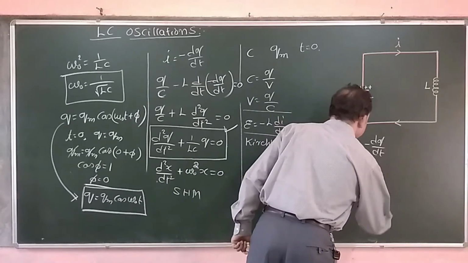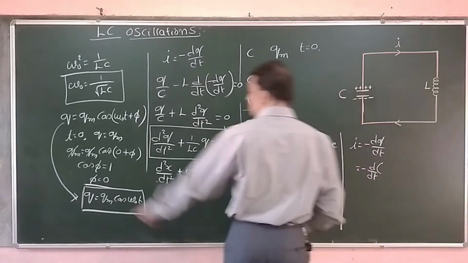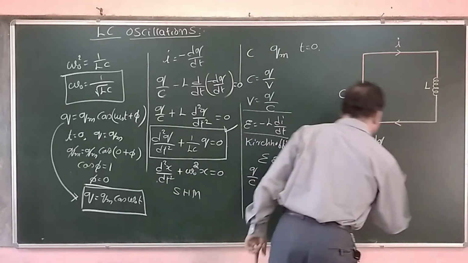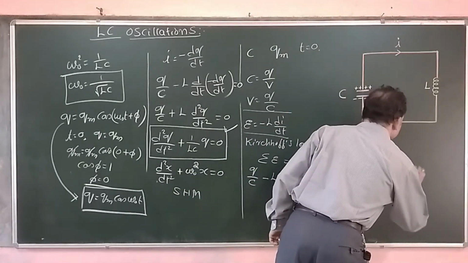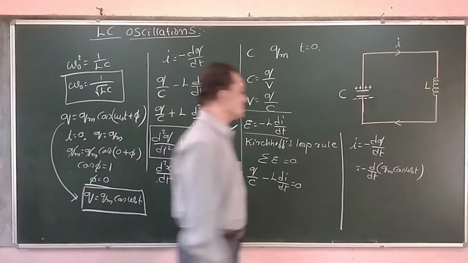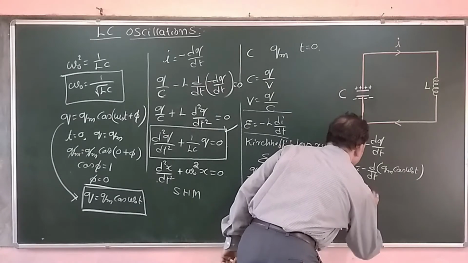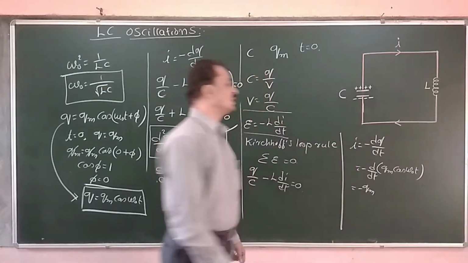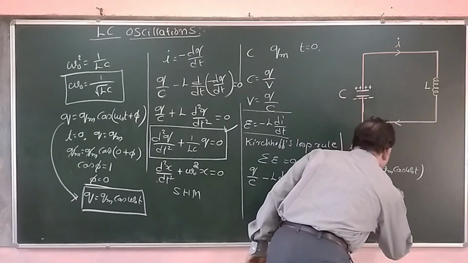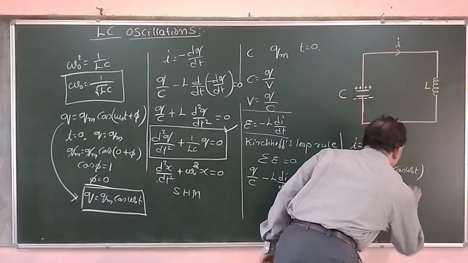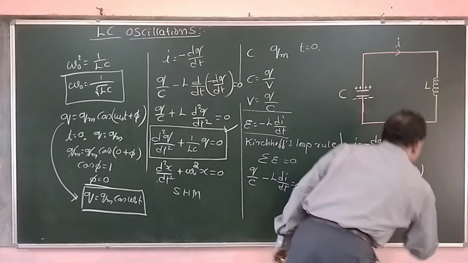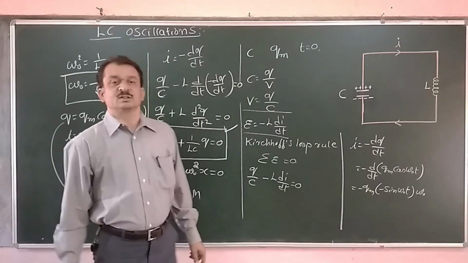That is minus d by dt of Qm into cos omega naught t. Qm is a constant, so minus Qm. What is the derivative of cos? It is minus sine omega naught t, and the derivative of omega naught t is omega naught.